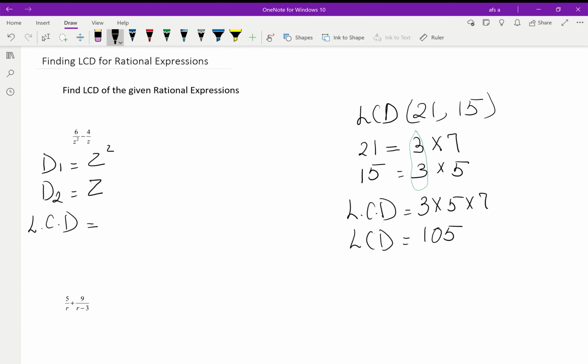Remember, in this case, the only factor that we see is z, so we write it down. And as I said previously, in order to ensure that we're keeping all the factors that show up in all of our denominators, but we're not duplicating, we have to keep the greatest of the power. So we keep the greatest of the power, which happens to be 2, and that's going to give us the LCD to be z squared.